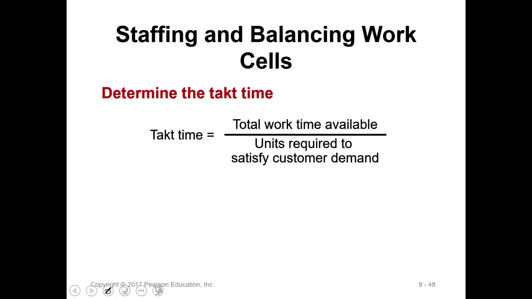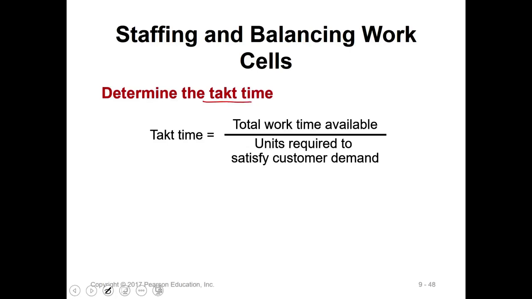And the next part is balancing and staffing work cells. In this part, we first want to determine the takt time. I think takt time is also from the lean manufacturing strategy.